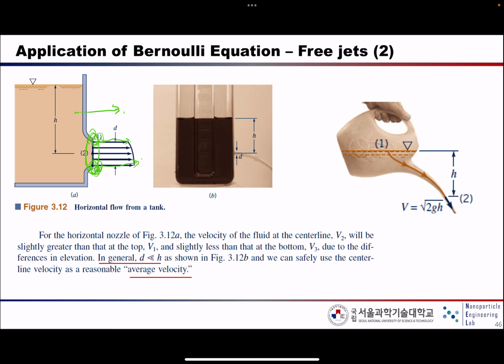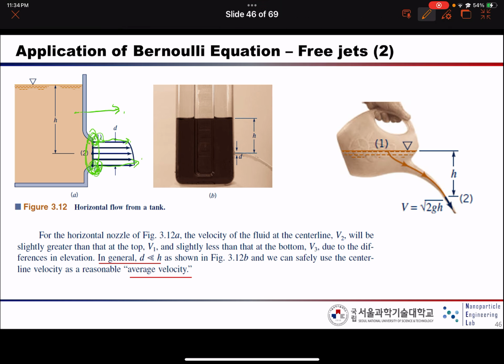Okay, so you should consider this one as well when solving for the application of the Bernoulli equation. But the thing is, this diameter compared to this height is very different, which means that the height is much larger than the diameter, so we usually assume that this velocity profile is almost identical.